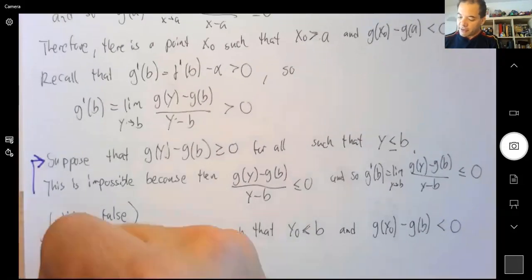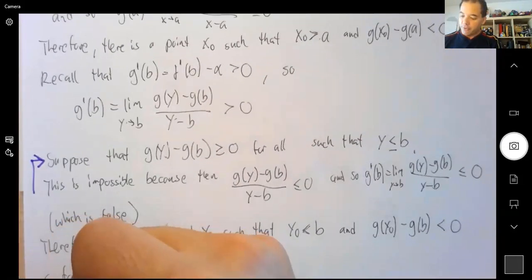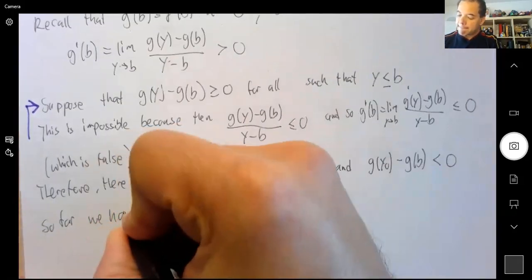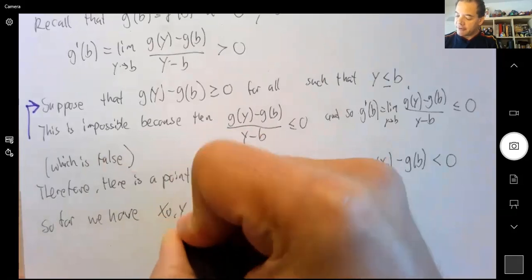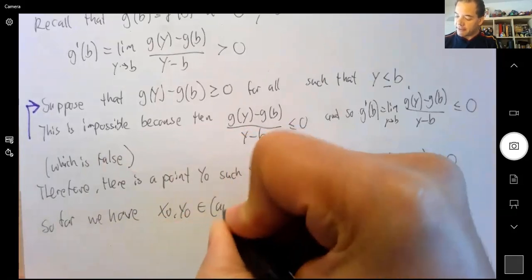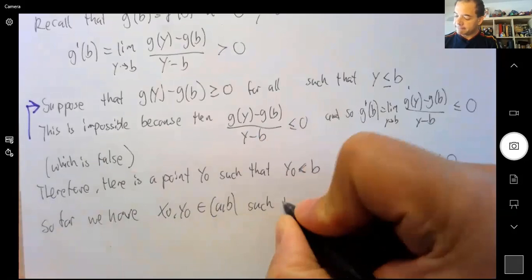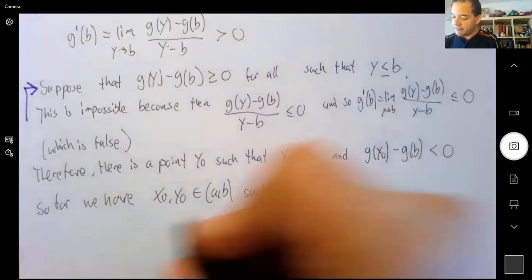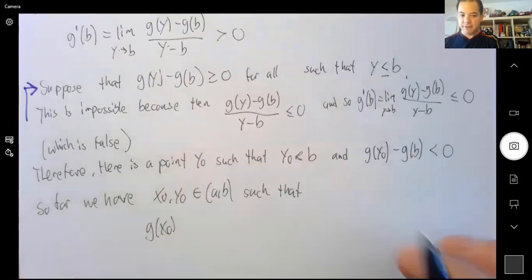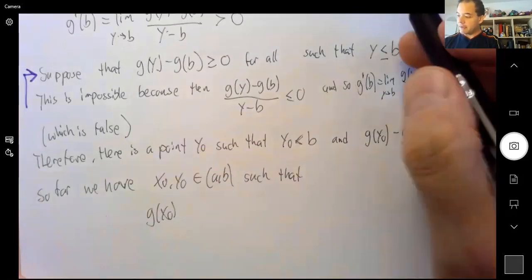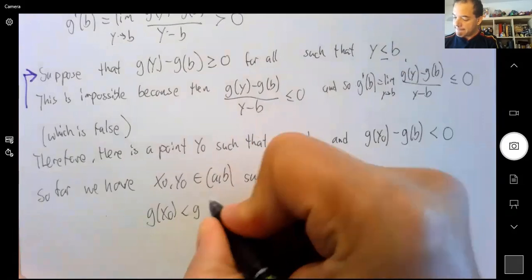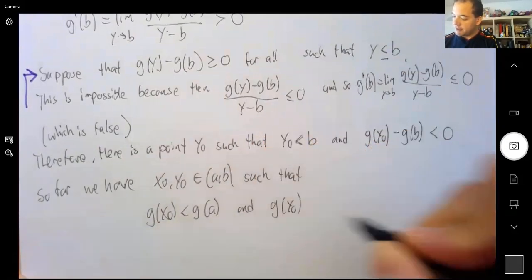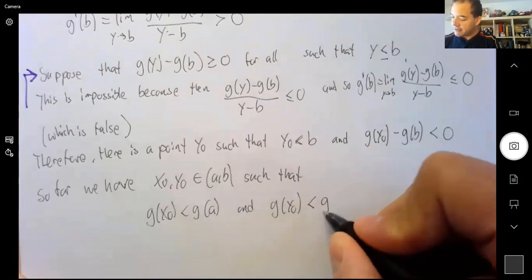So far, we have x0 and y0 points in the interval AB, such that g of x0 is less than g of a, and g of y0 is less than g of b.